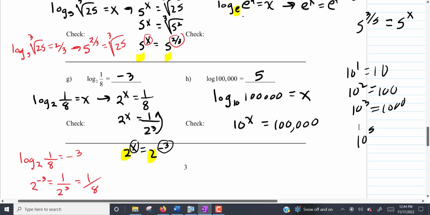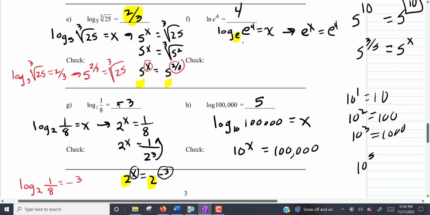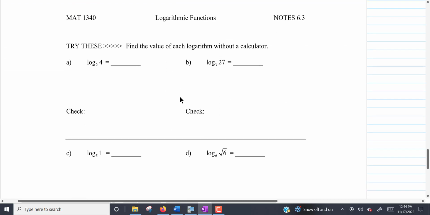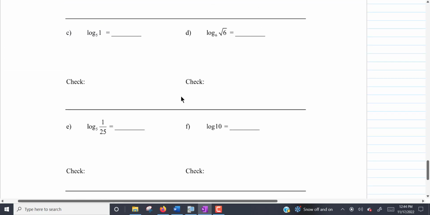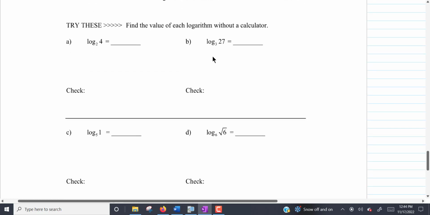So the ones on here that are the hardest are the ones like E and G, which are pretty tricky for students to learn how to do. The rest of them, you want to get to a point where you can do those pretty easily in your head. Okay, so I'm going to have you go to the last page, and we'll see how many of these we can do. Then I'll give you a little break, and then we got one more section.